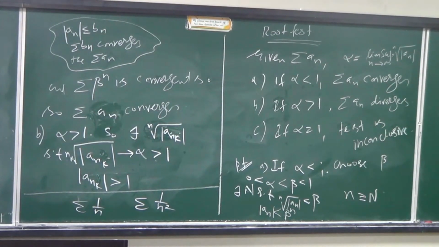Then the same thing. If alpha is less than 1, it converges. If alpha is bigger than 1, it diverges. And the third is that if you get 1, we have nothing.